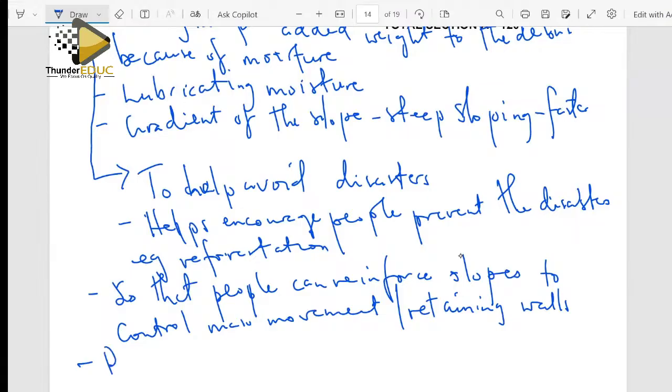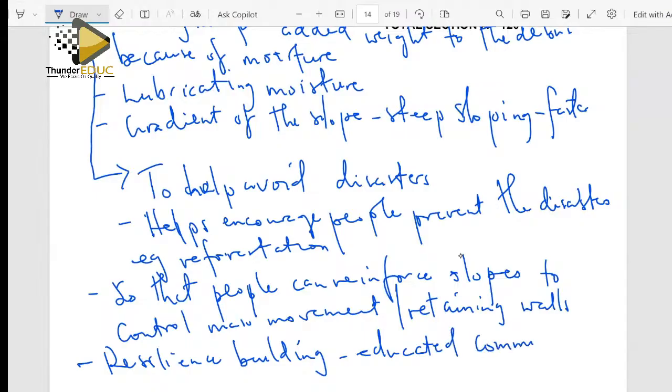And also, we can talk of resilience building. We build resilience amongst the people. If communities are educated, we're talking of educated communities here, they know the consequences, are better equipped.